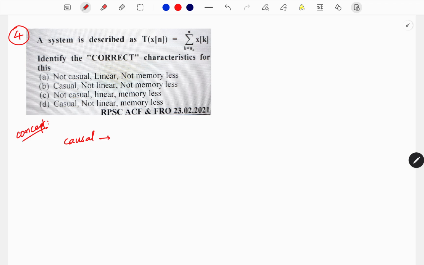A causal system is defined as one where the present output depends on present input, or present input plus past input, but not on future input.